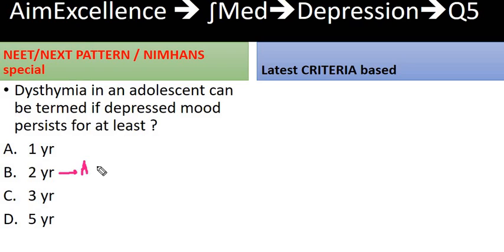In cases of infant, child and adolescent, even if 1 year of depressed mood is there, which does not fulfil all the criteria of major depressive disorder, that is termed as dysthymia in cases of child, infant and adolescent.